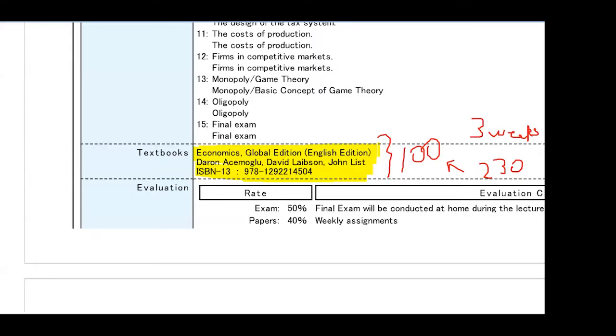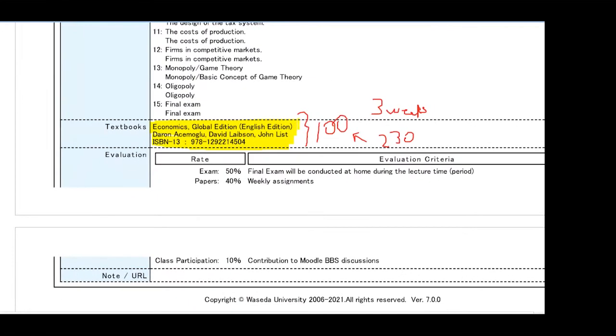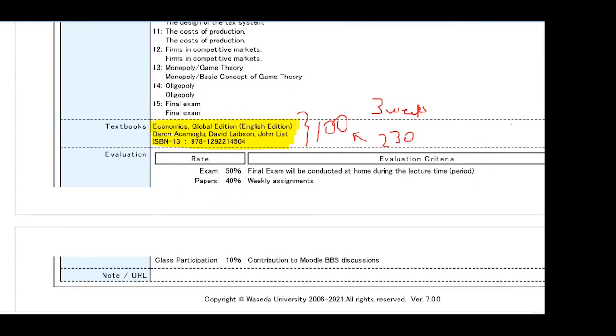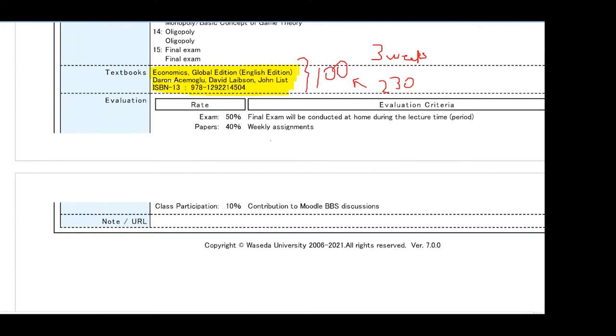One of the things that needs to be explained first is the grading policy, which you have to take seriously for your graduate school job hunting purposes. I follow the syllabus. So exam 50%. There's no paper.